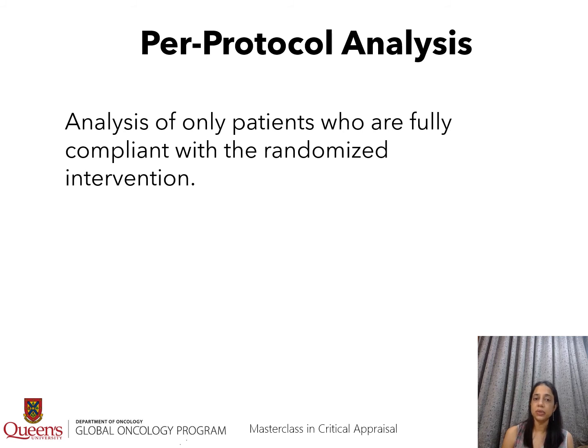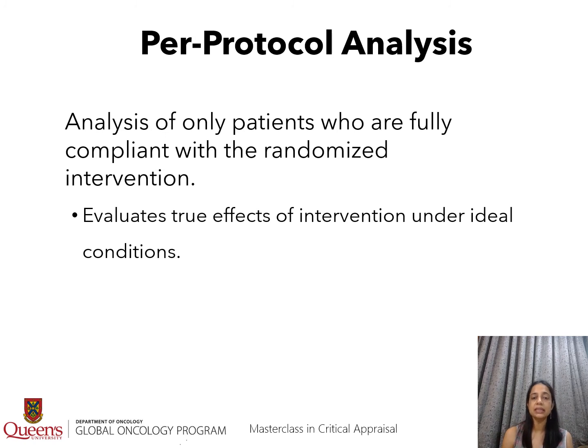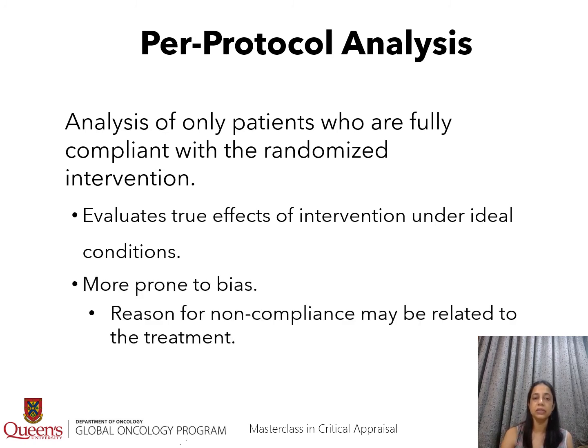As an alternative to this, we use the per-protocol analysis, where we only analyze those patients who are fully compliant with the randomized intervention. While this evaluates the true effect of the intervention under ideal conditions, it is more prone to bias because, as we have already discussed, the reason for the non-compliance may actually be related to the treatment.